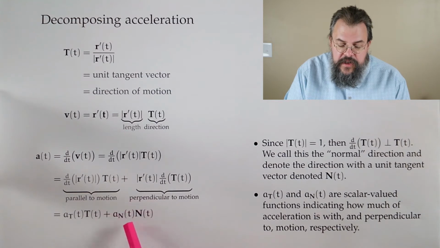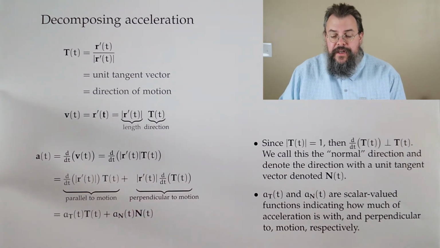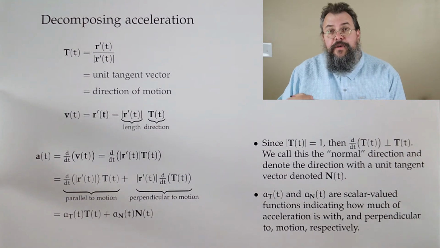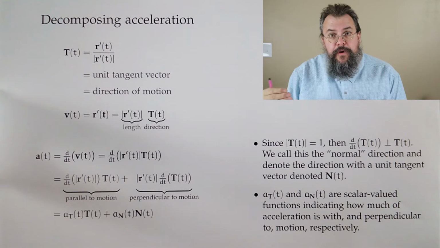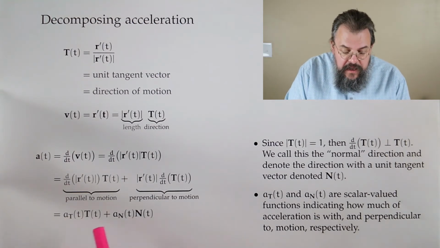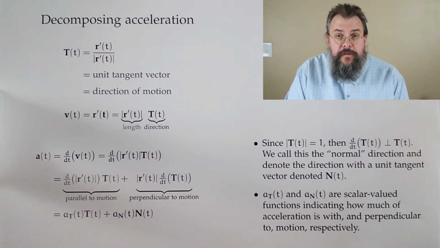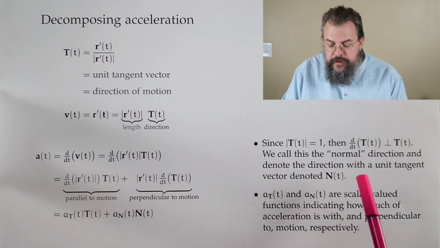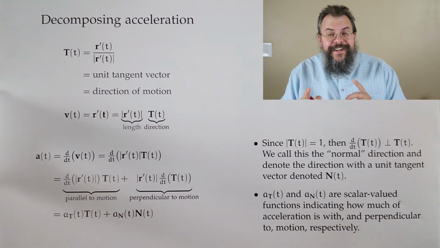And then there's this other function, a sub n. How much of the acceleration, the perpendicular part, points perpendicular to motion. So these are scalar functions, and then these are vector valued functions, the unit tangent vector, which is what we've already talked about, and the unit normal vector, which is the one we just discovered. Now, be careful here.